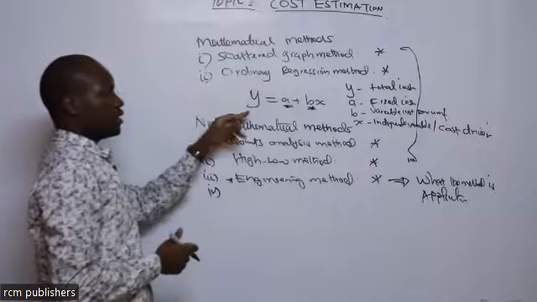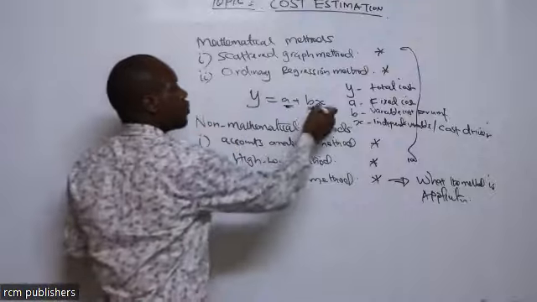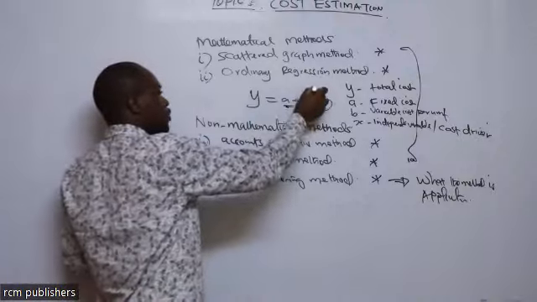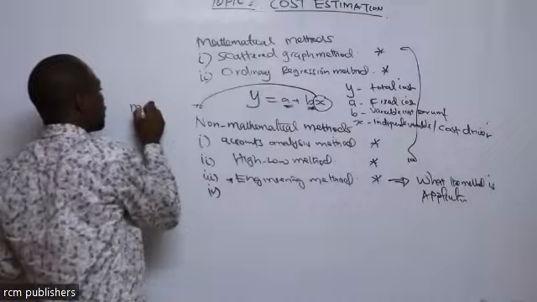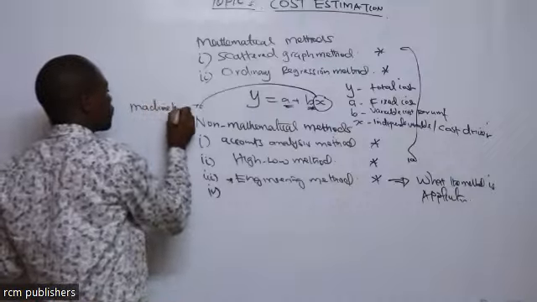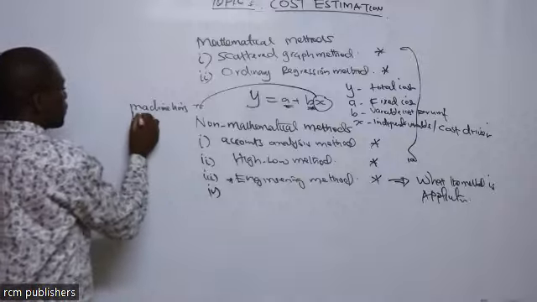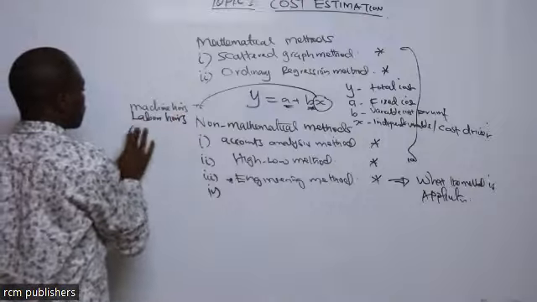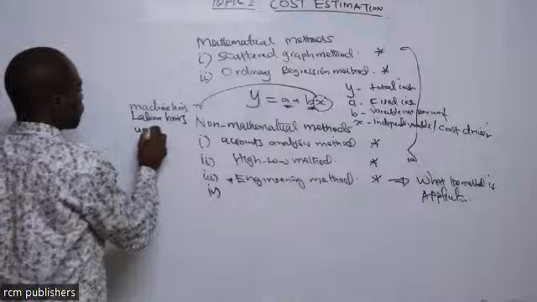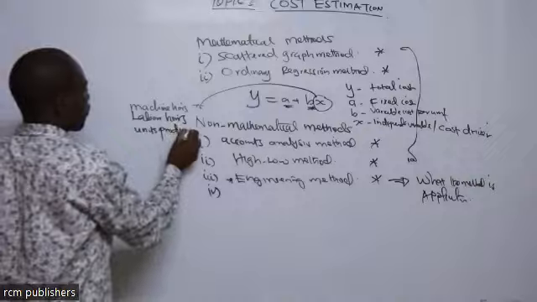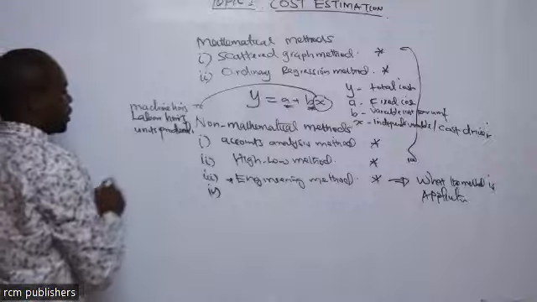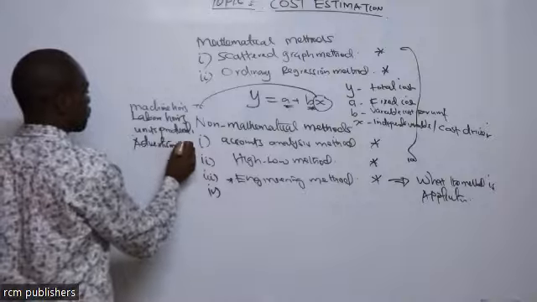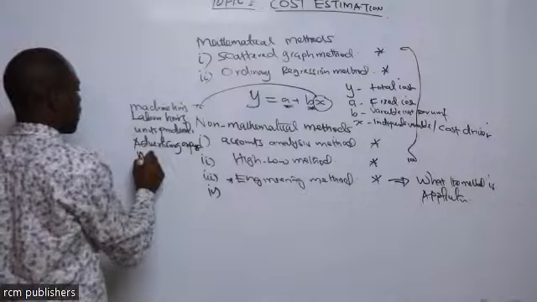But whatever is going to determine our total cost here is now the quantity of the output, the activity level, which can be machine hours, labor hours, units produced, advertising expenses, or marketing expenses.